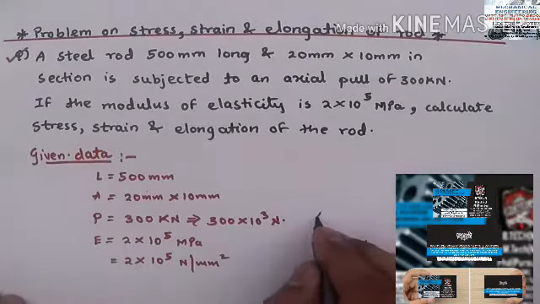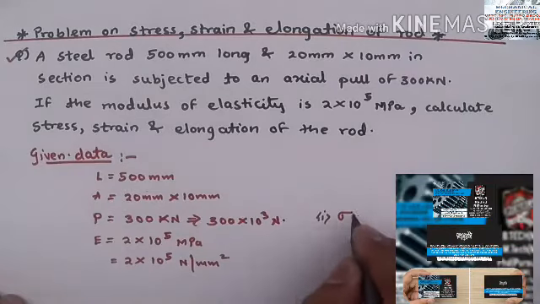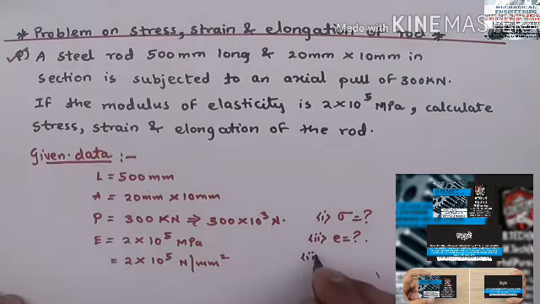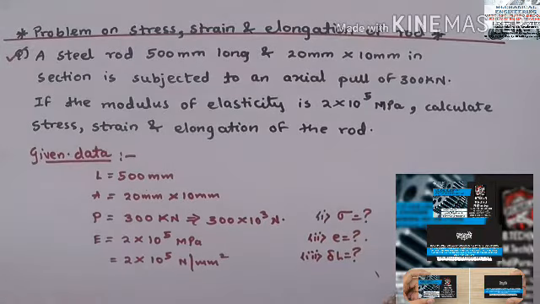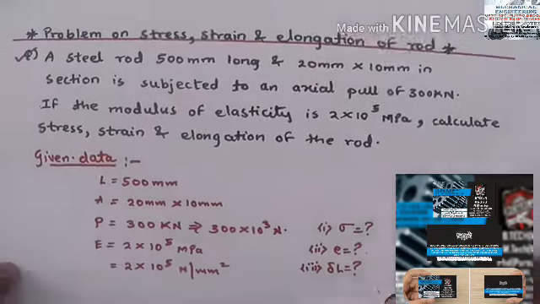So the first question is, we have to find out stress. Second is strain, and third we have to find the elongation of the rod, which is delta L. So let us try to get the solution for this problem.